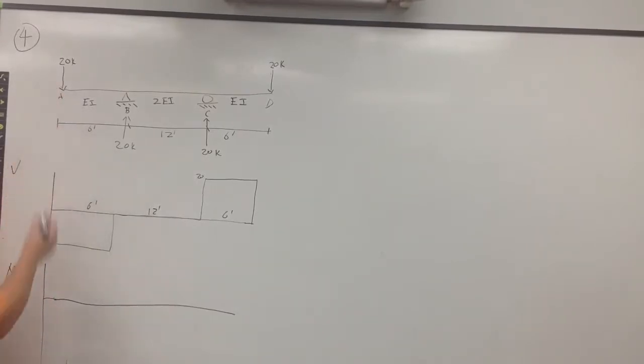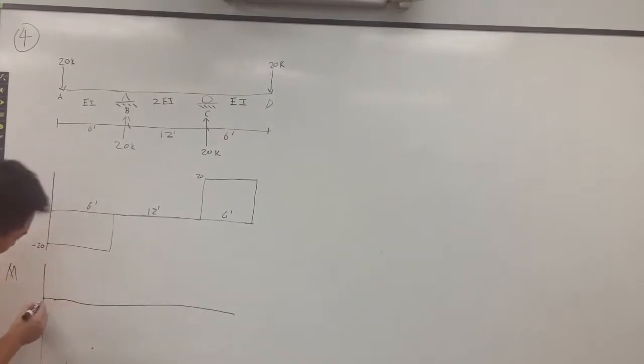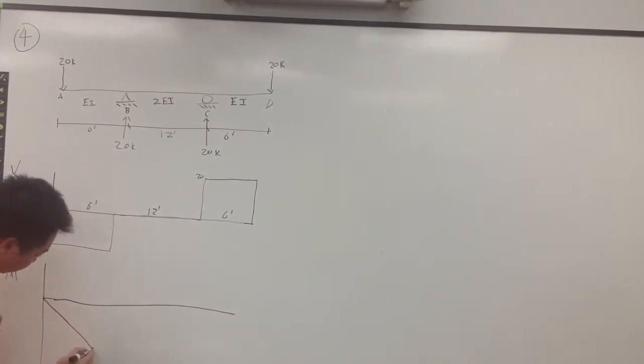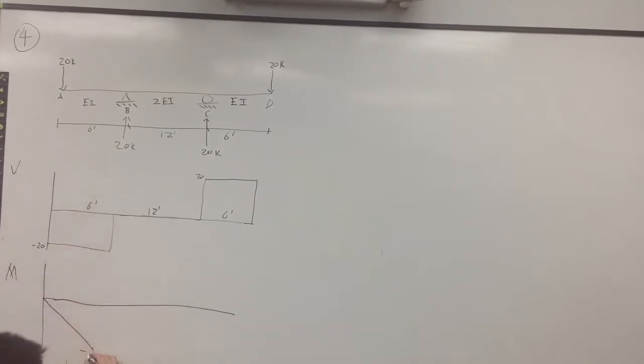You know this is just an overhang, so there's no slope, so start from 0. At this point, you're going to have 6 times negative 20, so negative 120. Nothing in between, so just a straight line at this point. Positive 20 times 6, so it's positive 120, so go up and hit 0. That is your moment.